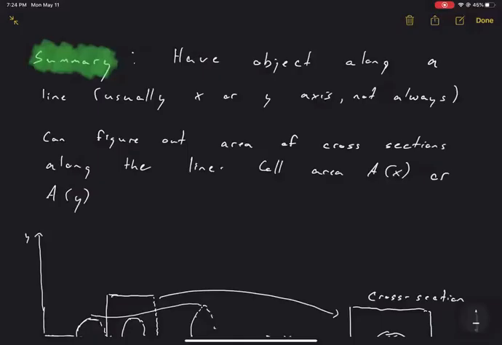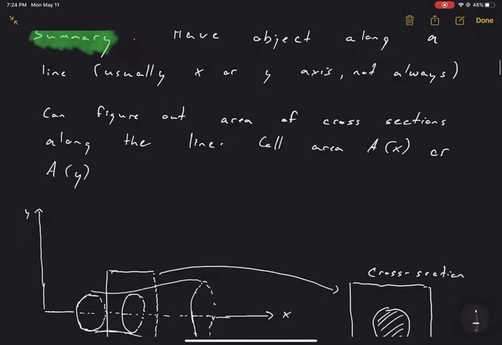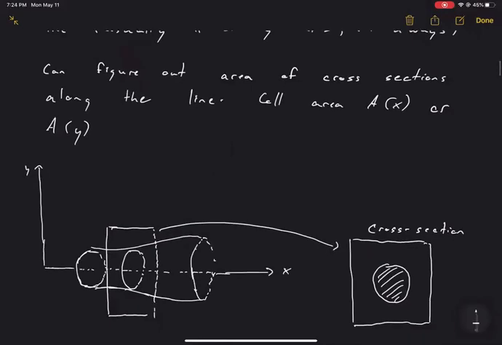In summary, we have an object along some line. It's usually going to be an x or a y axis, but not actually, maybe half the time it's going to be an axis. We're going to deal with a lot of problems where our object is centered off axis. If we can figure out the areas of our cross sections, we can integrate those areas to get our volume.